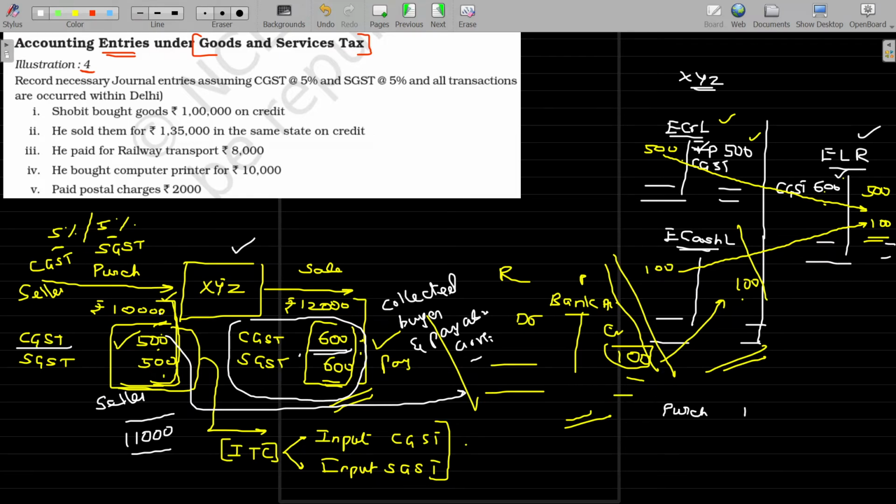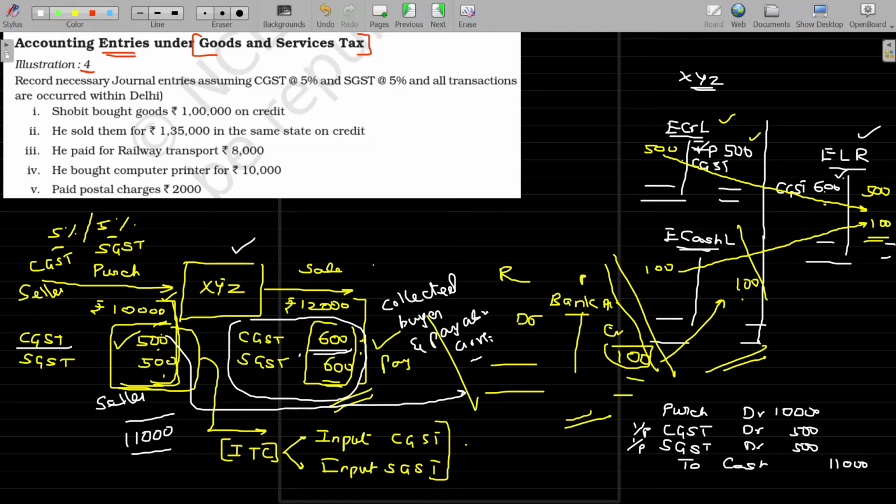He has paid 10,000 rupees for the purchases and he has paid CGST 500 rupees and SGST also 500 rupees. Anyhow, these two are input CGST, you are able to get it refunded. So I name this input central government goods and services tax. To what? To cash or bank. I assume this is cash payment. So the overall value being 11,000.